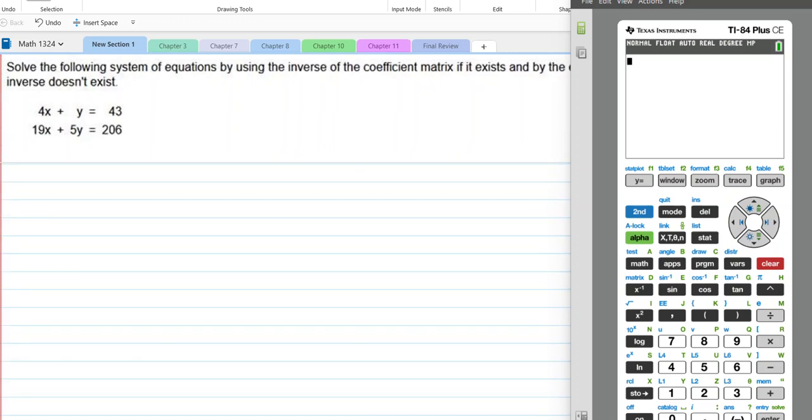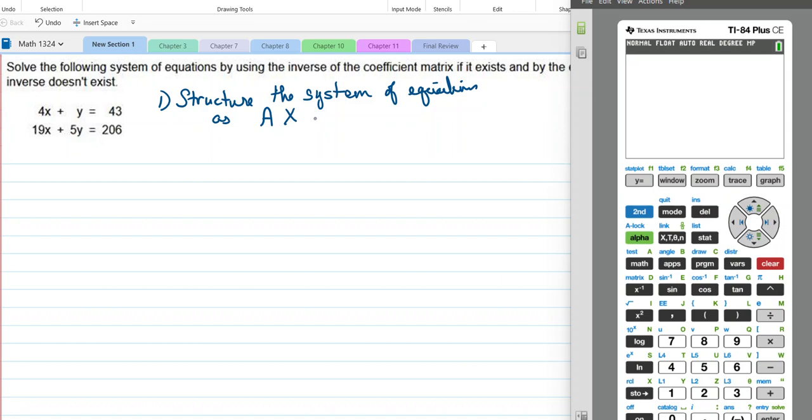So here we go. Our first step is to structure the system of equations as AX equals B. All right.